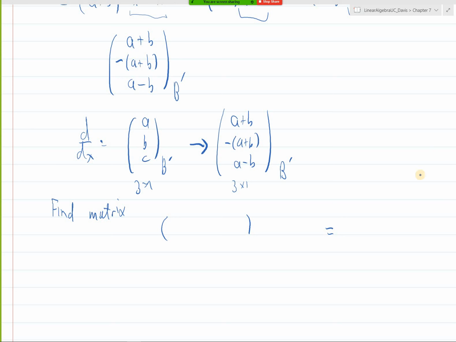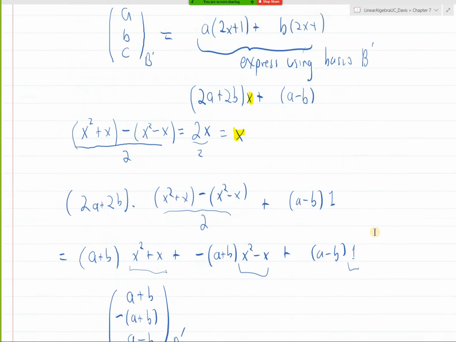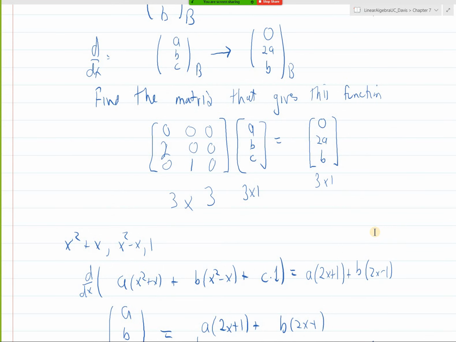So it'd be a vertical vector, or a column vector, a, b, c. And then what do I write on the right-hand side here? Well, remember what we did up here.